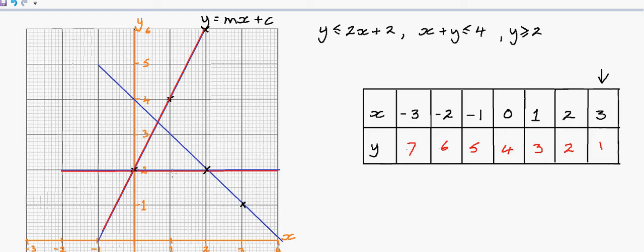X is 0, y is 4. And you can see that they all fall on that line. So we can now draw that line in. And lo and behold, that's the area we're after.